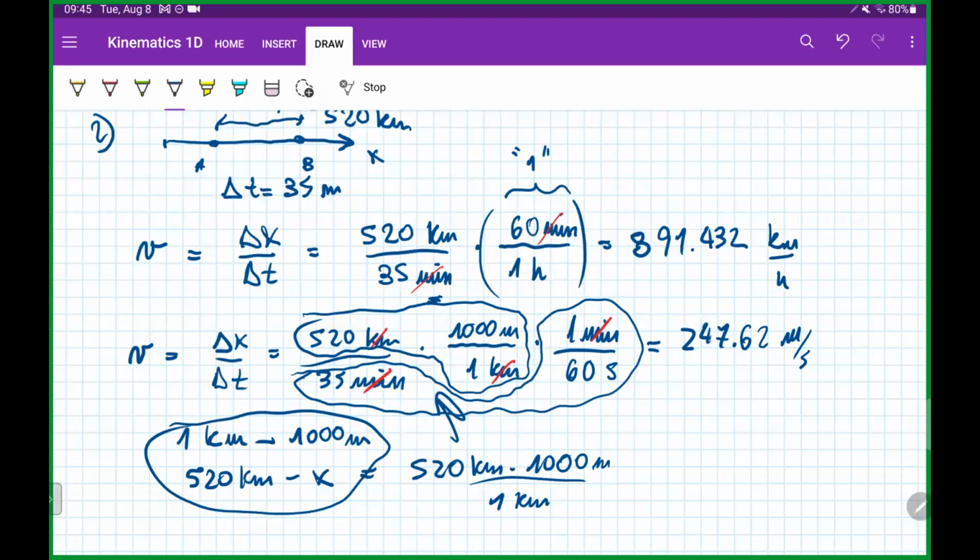And of course, we want the velocity to be meters per second, so we can check that we got meters per second or kilometers per hour or whatever length over whatever unit of time we're using. Okay, let me go back to the PowerPoint.